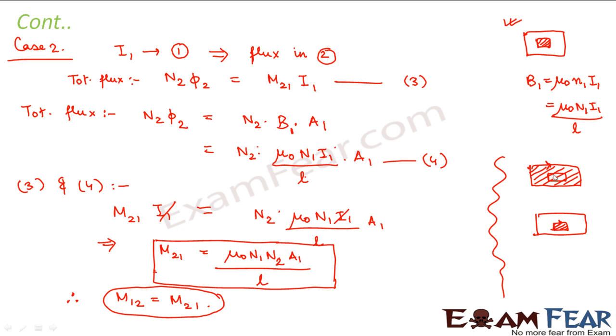In the first case, the induced magnetic flux on the second solenoid is equal to this magnetic field multiplied by the small area. In the second case, what is the magnetic flux induced on the larger solenoid? It is this magnetic field into this small area. So in both the cases, the value of the magnetic flux which is induced is the same, because in both the cases we are considering the smaller area. That is why the mutual inductance of 1 with respect to 2 is equal to the mutual inductance of 2 with respect to 1.